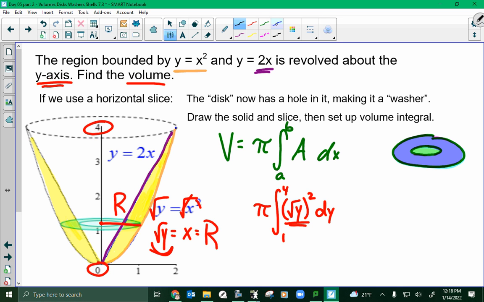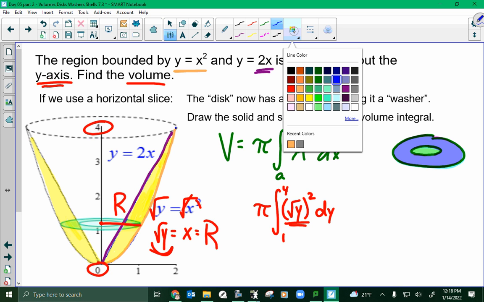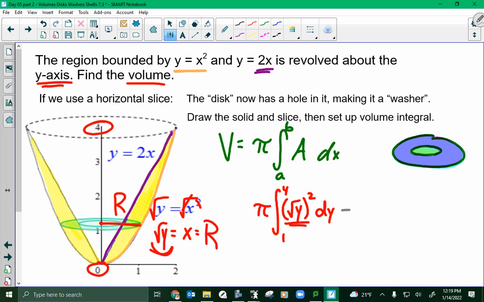But then I want to subtract, let's do this, we'll do this in gray. I want to subtract the area of my smaller circle. It's the same thing I have here.